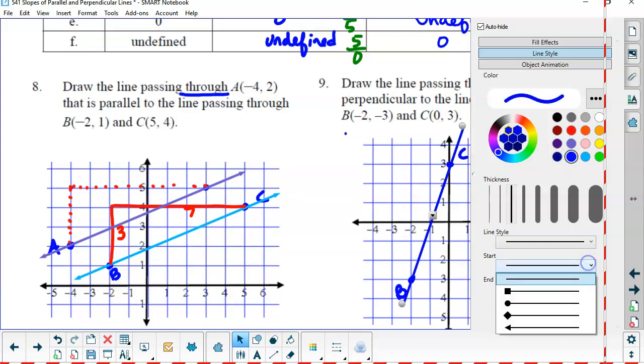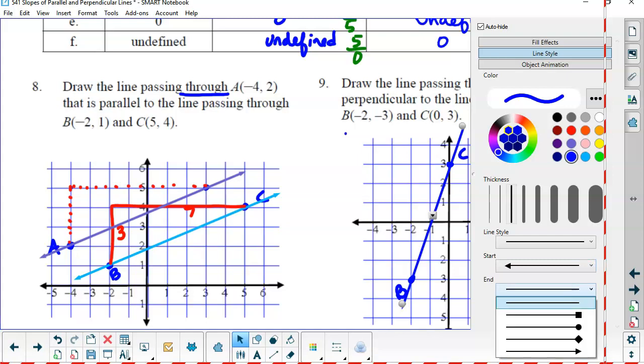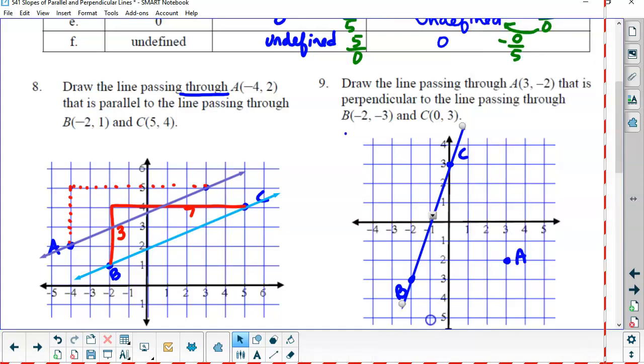There we go. It's a little unaligned. Okay. So it has to be perpendicular. Looking at this, it kind of looks like it's going to be meeting like that, right? And extending on. But we want to make sure it's exact.